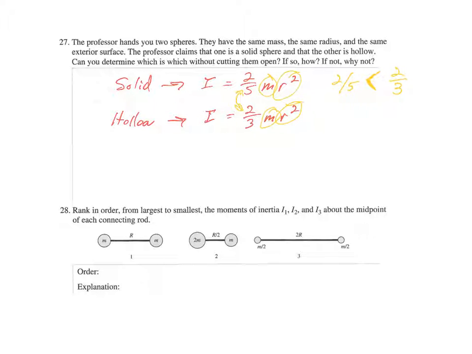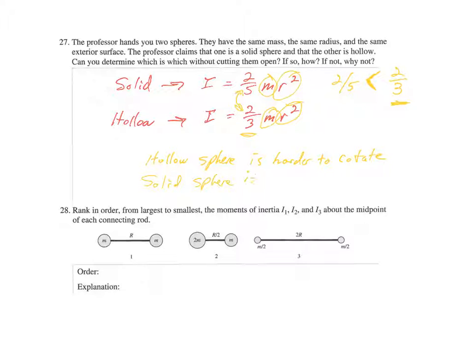So if it has a larger moment of inertia, which the hollow sphere does, it is harder to rotate. Remember, we said it's just like mass, it's harder to push. Or if you want to look at it the other way, the solid sphere is easier to rotate.